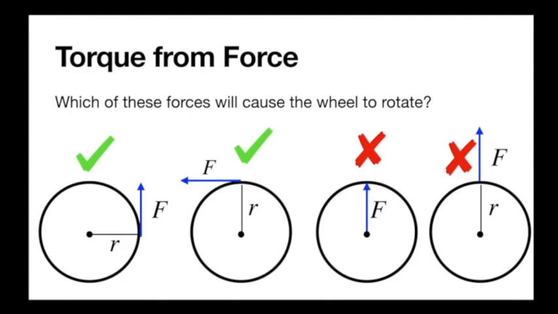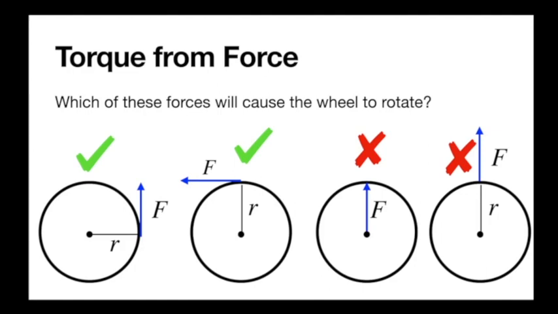Any force that I apply exactly at the axis of rotation can't apply a torque, right? Like here's my wheel with an axle going through the center. There's no force that I can apply in any direction with zero distance from the axis of rotation that can cause it to rotate. I always need some distance away.